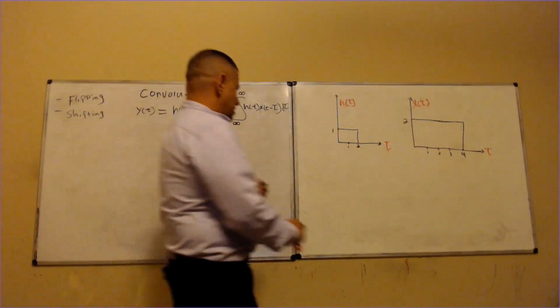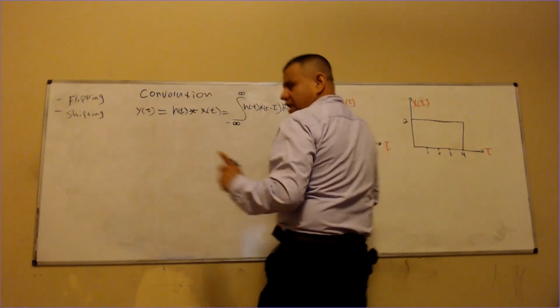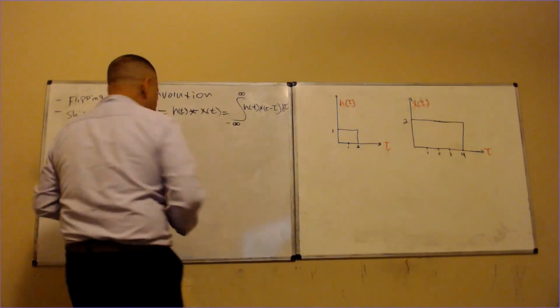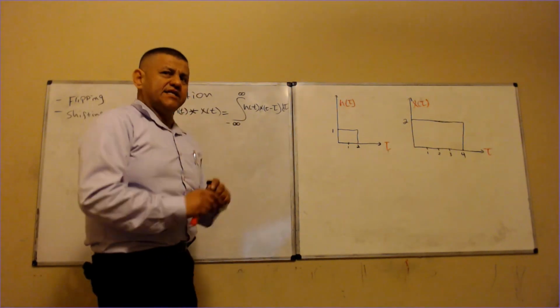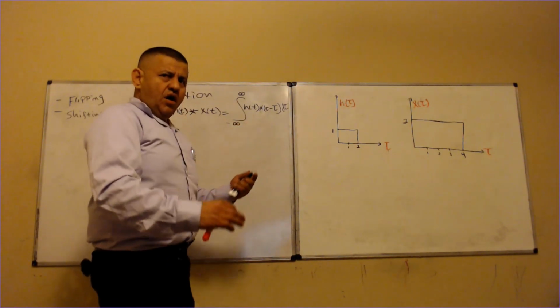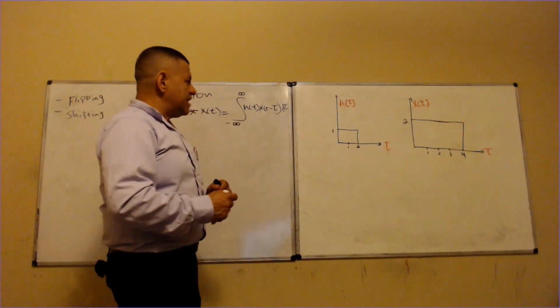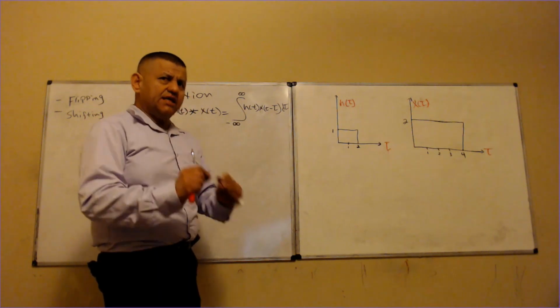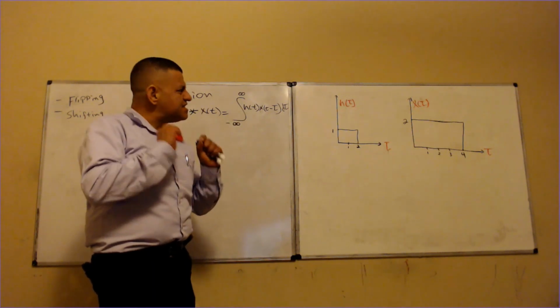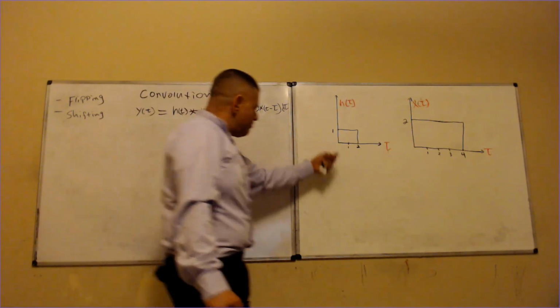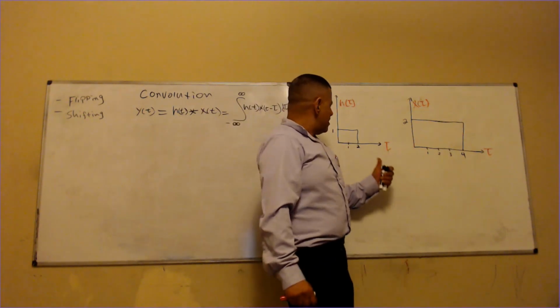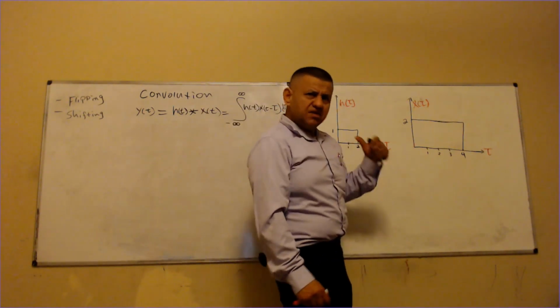Now, we have to flip one signal. We have to shift and flip one signal. As we actually do in integrals, we try to flip or deal with the signal that is less complicated. In this case, they are both rectangles, right? I will flip the most simple one.